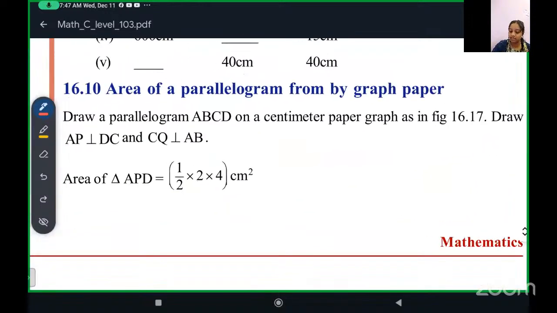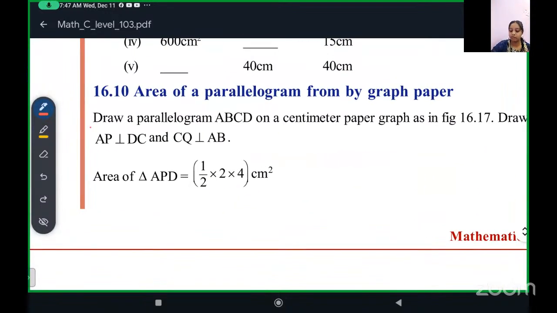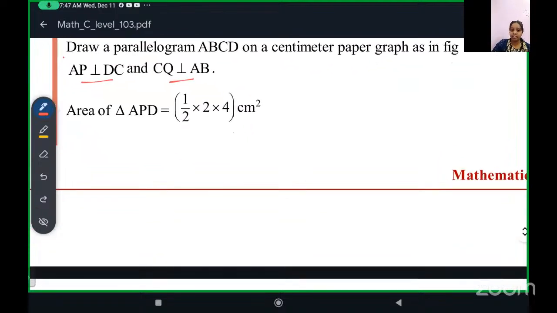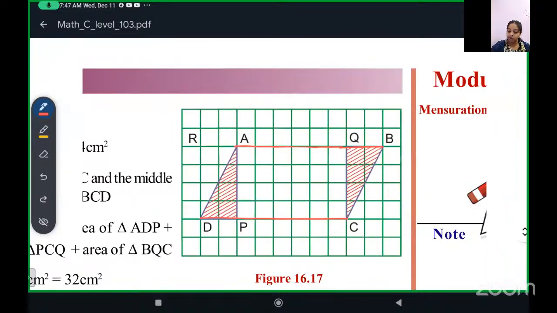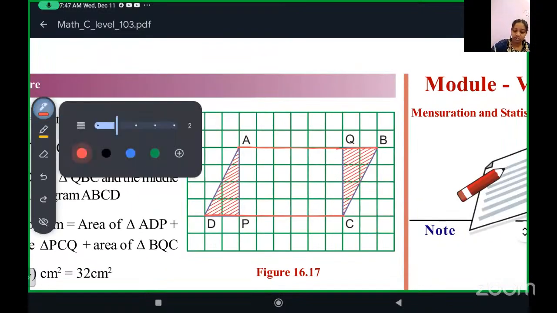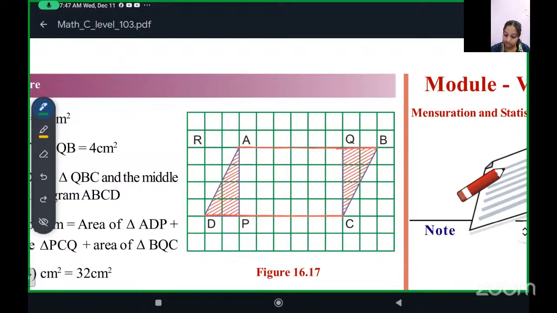Now the question says that AP is perpendicular to DC, and CQ is perpendicular to AB. Can you see the line AP? AP is perpendicular to this line DC.